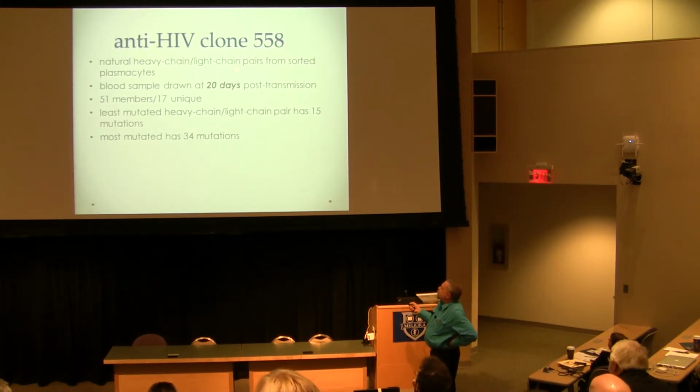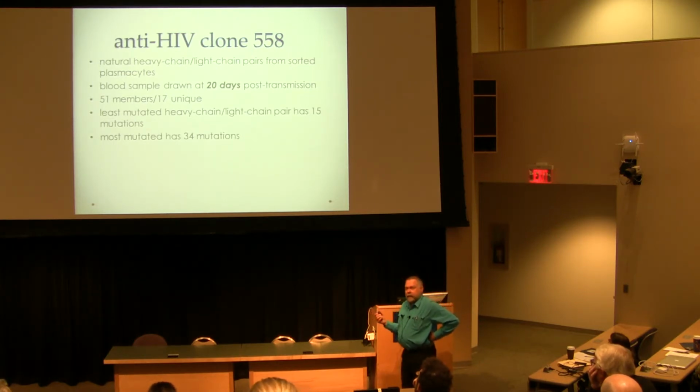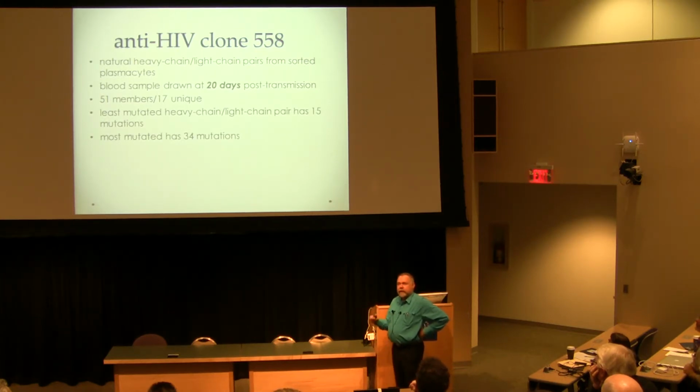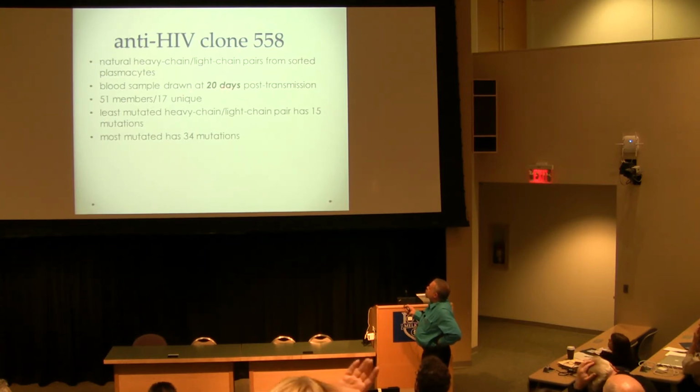This clone was isolated along with many other antibodies from a patient on day 20 post-transmission. This patient knew exactly the day on which he was infected because it was the day on which he engaged in the behavior that led to his becoming infected. And so we know that this is exactly 20 days post-infection. This clone is actually very large.